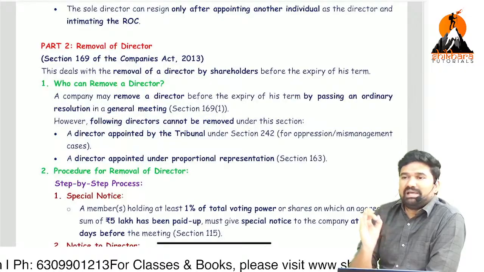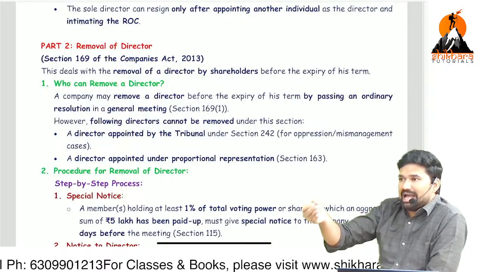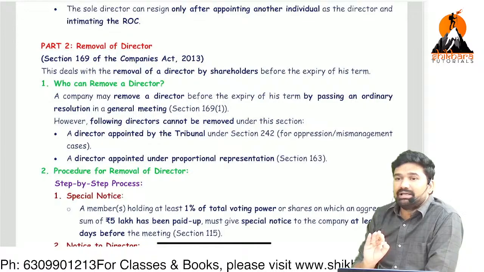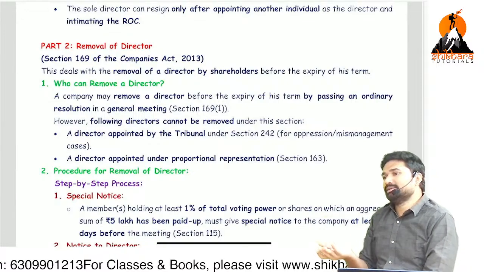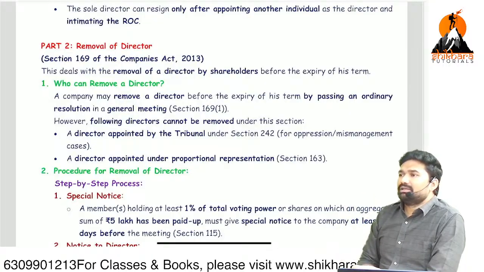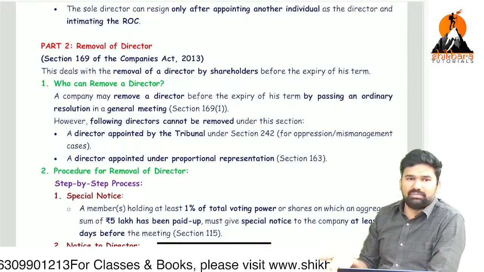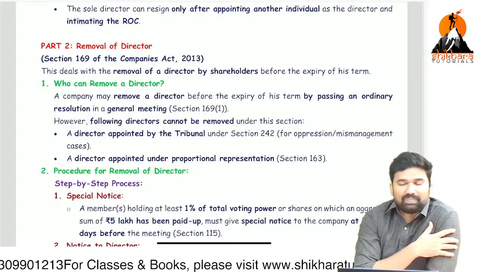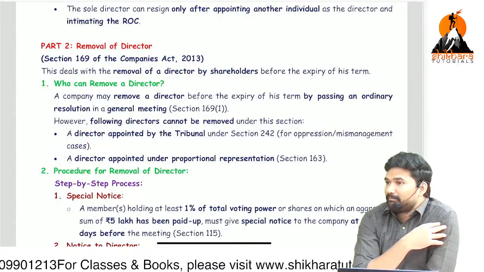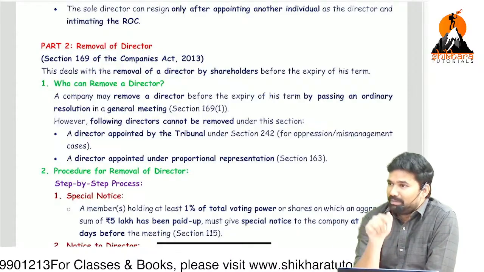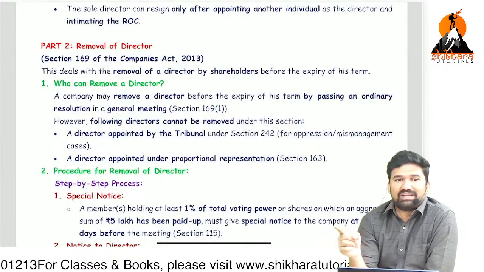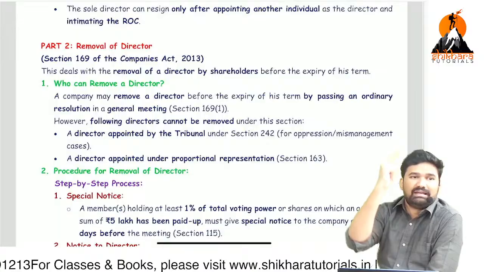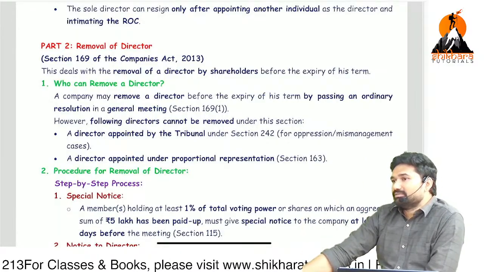Members are simply appointing a person as director by passing an ordinary resolution in the meeting. Which meeting? It may be any general meeting, AGM or EGM. In the same way, members have the power to remove any person from the position of directorship by simply passing an ordinary resolution.